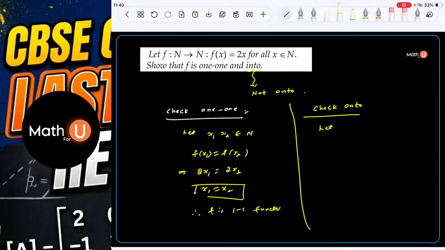Let y be equal to f of x. What is the f of x given? 2x. In place of f of x, replace with y: y is equal to 2x, so x is equal to y by 2.